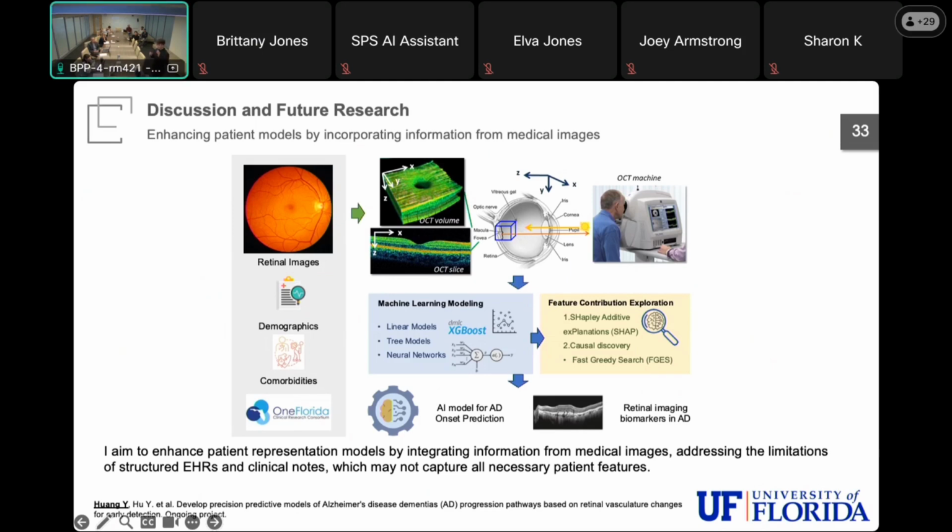And I believe that if this works successfully, and if we can integrate these types of technologies, the medical image analysis technology, or say these biomarkers from these images, into the health digital twin framework, we can have a more comprehensive understanding of the patient.